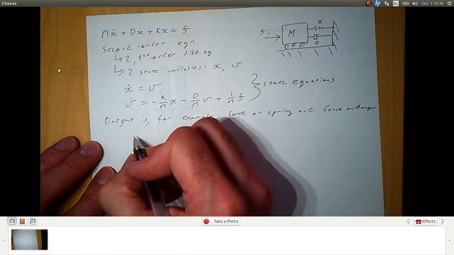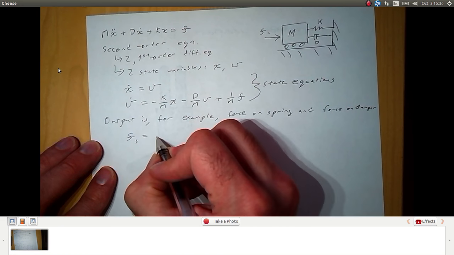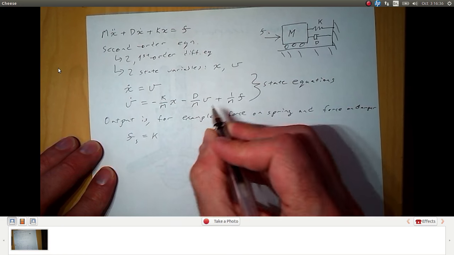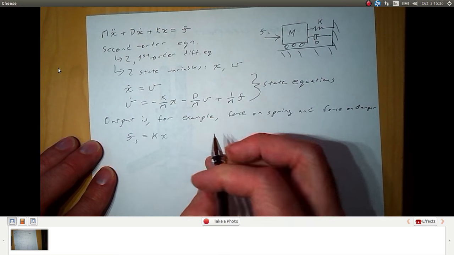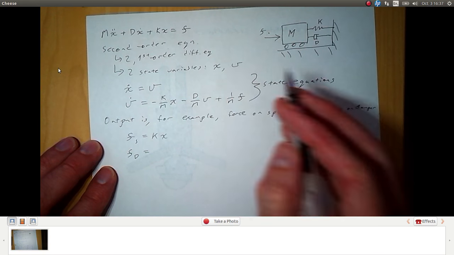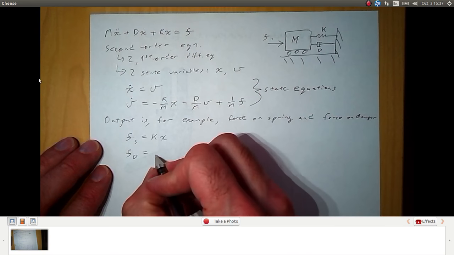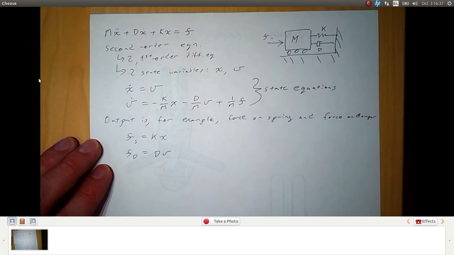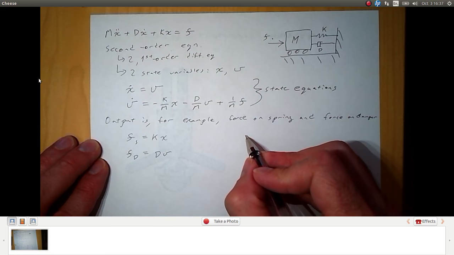So again, the spring force is just k times our state variable x, and for the force from the damper, we now have the velocity as one of the state variables, so d times v. And these are our output equations.